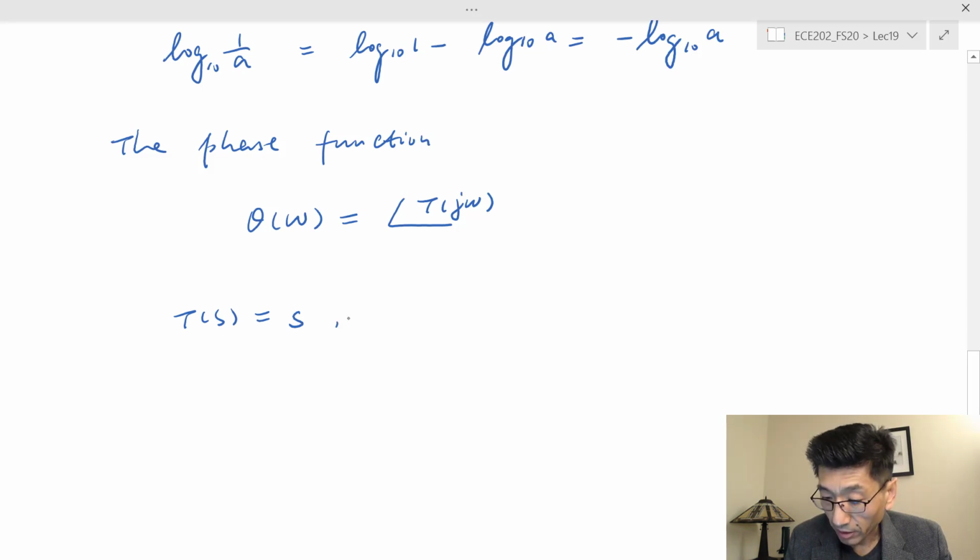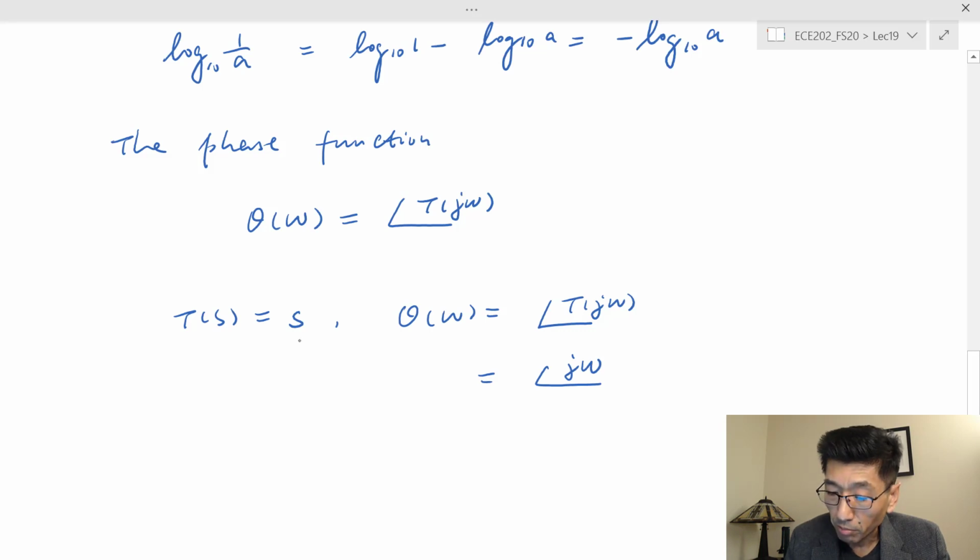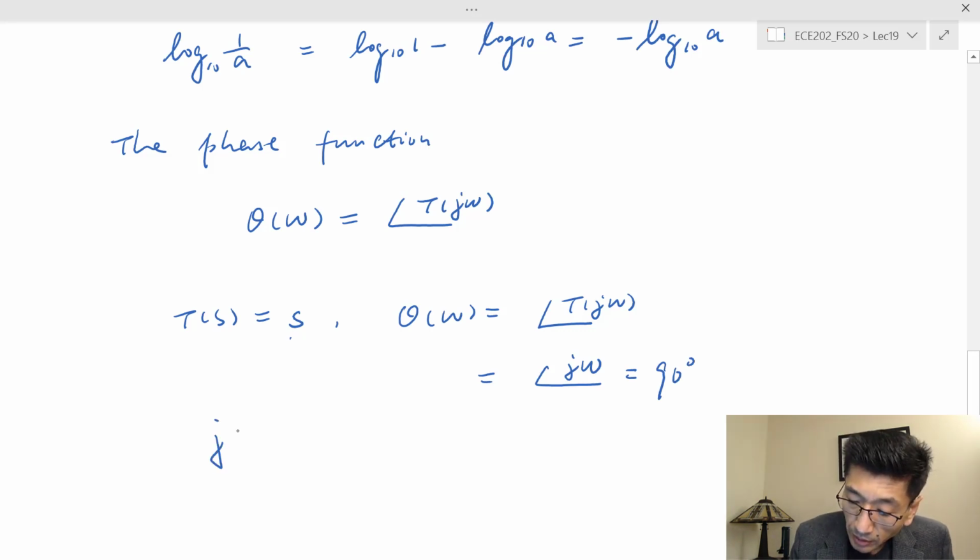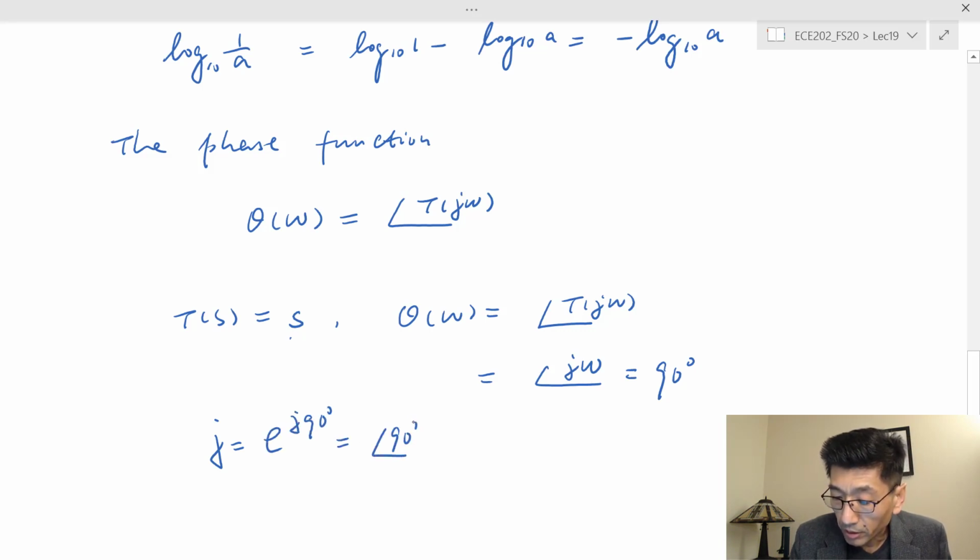In this case, theta of omega is the angle of T(j omega), which is just the angle of j omega, because we replace s by j omega. So this is going to be equal to 90 degrees. Remember j is equal to e to the j 90 degrees, so that has the phase angle 90 degrees.